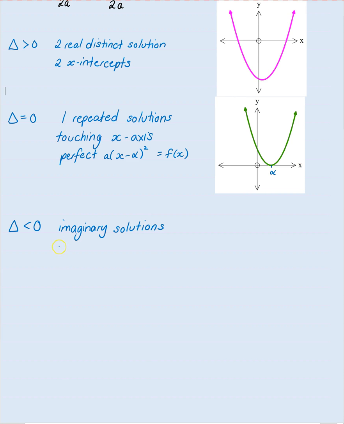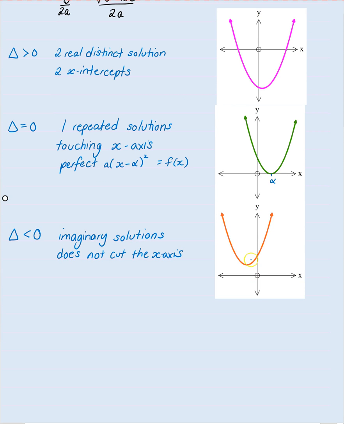In other words, it does not cut the x-axis, no x-intercepts. That's what that would look like. Once again, it could be a sad face going the other way. These are all situations where we're talking about an actual graph.